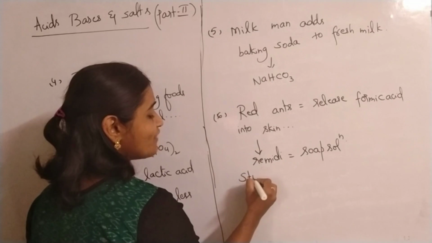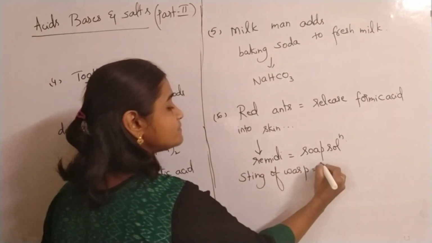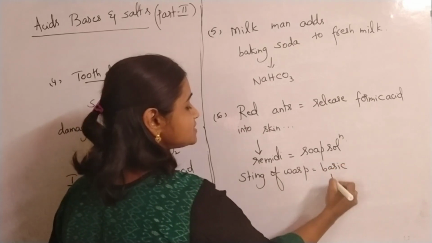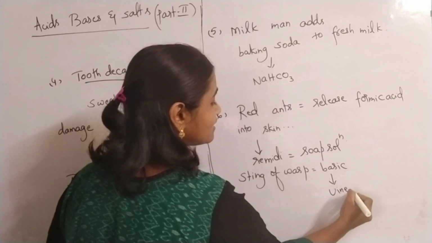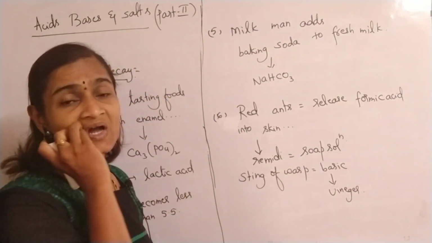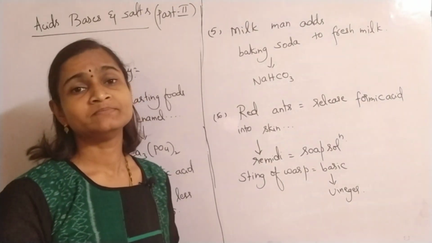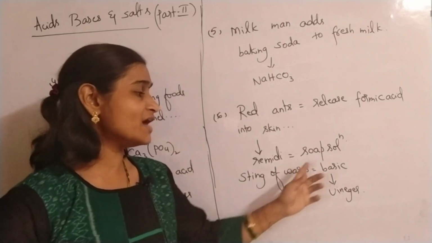And the sting of a wasp is basic actually. For this you need to treat it with vinegar. In our daily life we see wasps, a big type of insect.